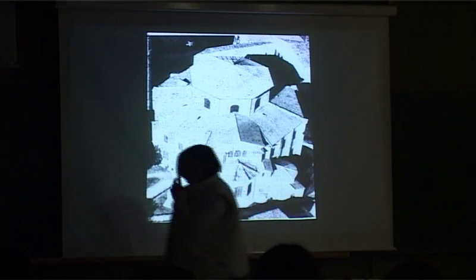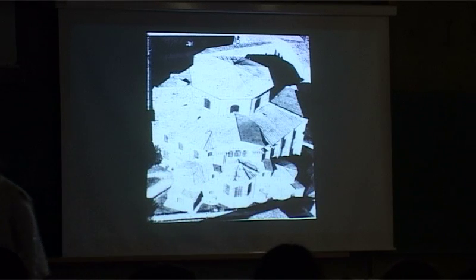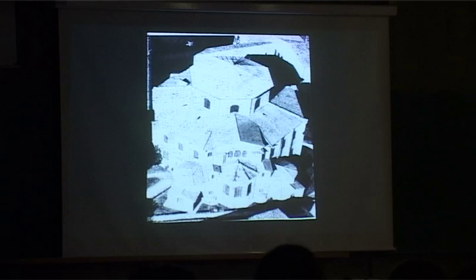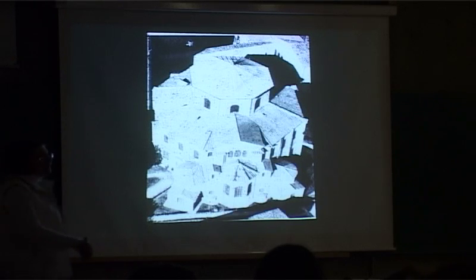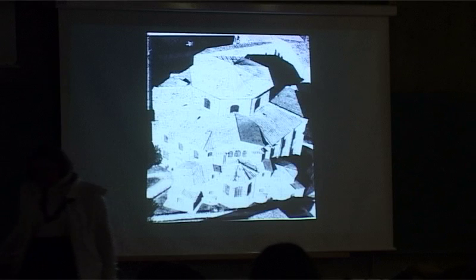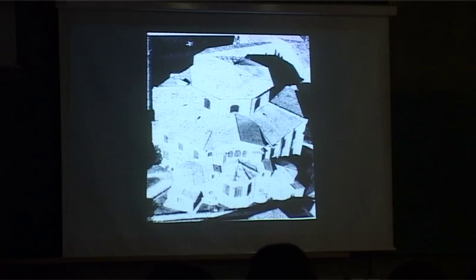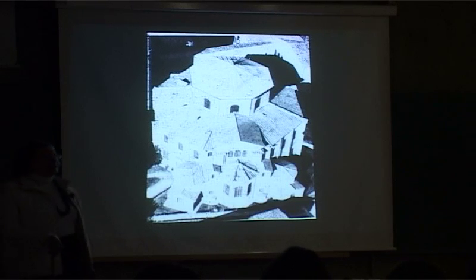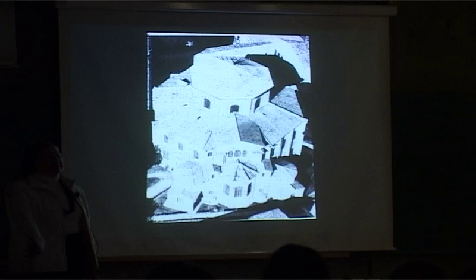The third project in Ravenna, in addition to San Apollinare in Classe and San Apollinare Nuovo, is San Vitale, which is on the screen right now. San Vitale is a very unusual structure.